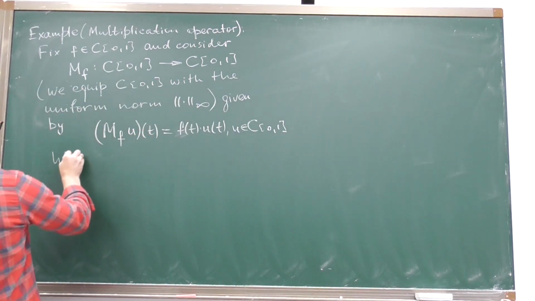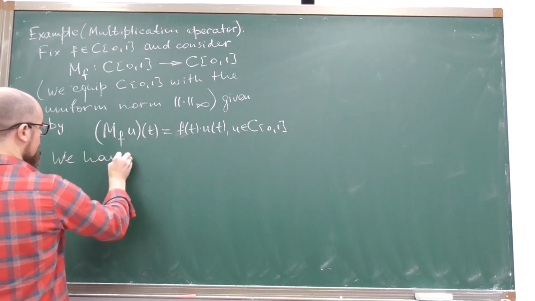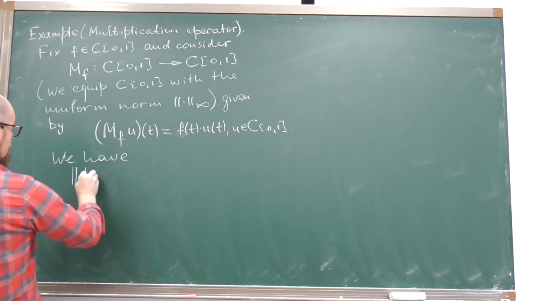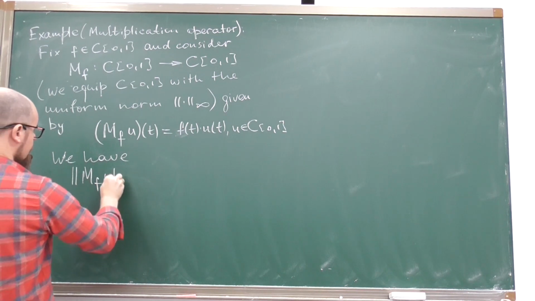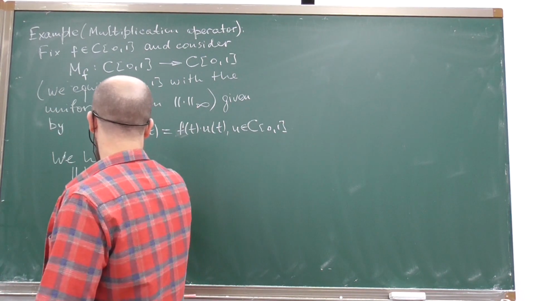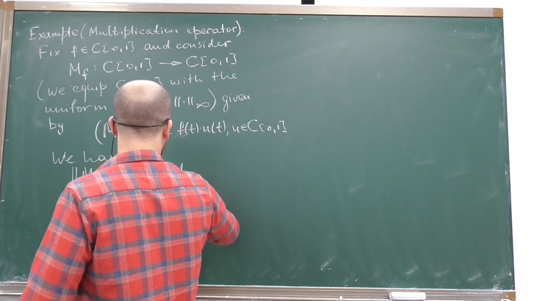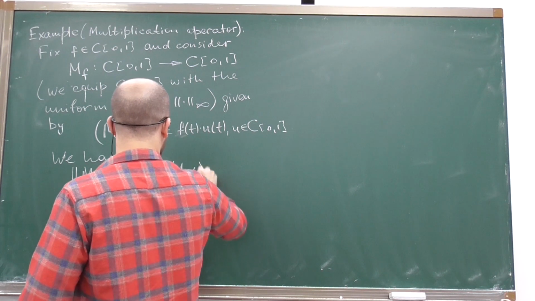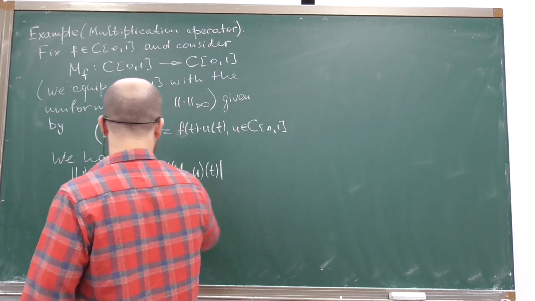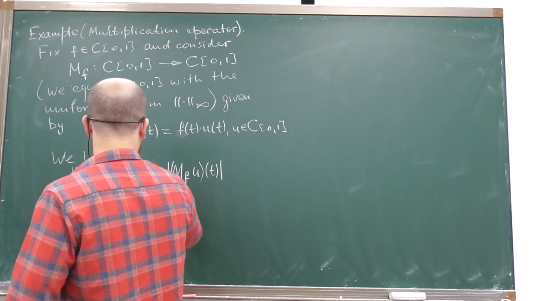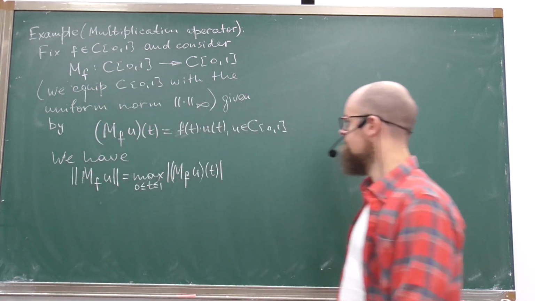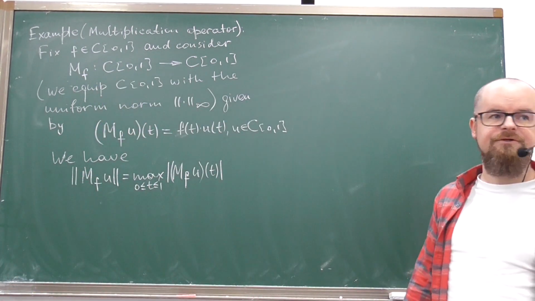So we have the norm of M_f at the point u equals the maximum of M_f u at the point t. Now I will use the definition.